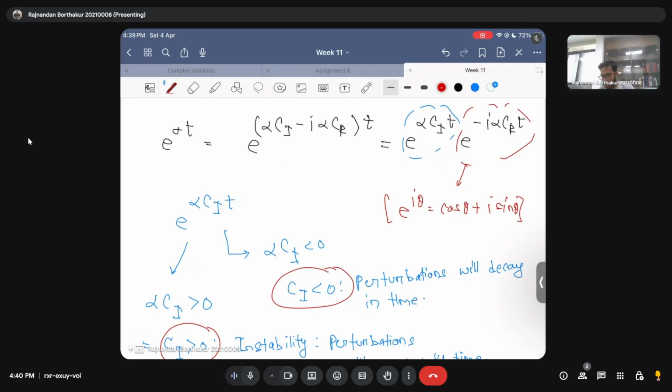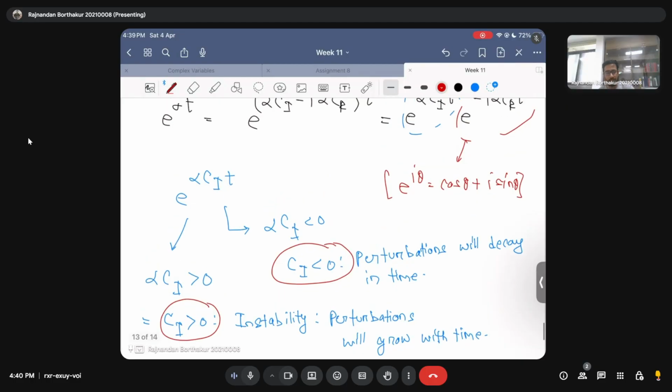Anyways, in the next class we'll substitute the normal modes that we have derived into the governing equations for perturbations to derive the equations that govern the perturbations. Okay.